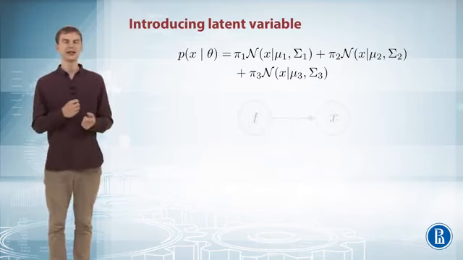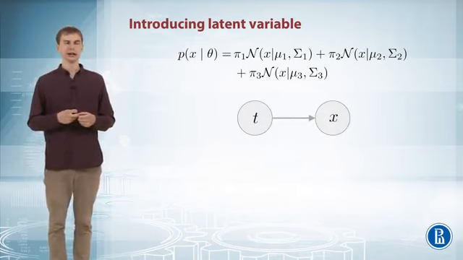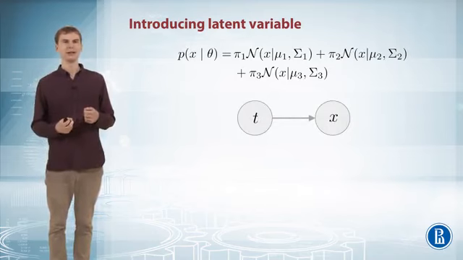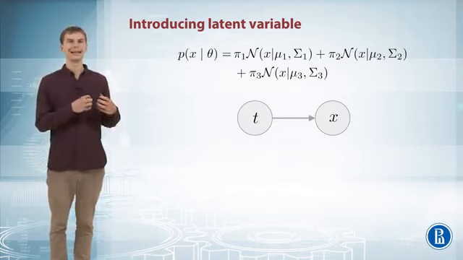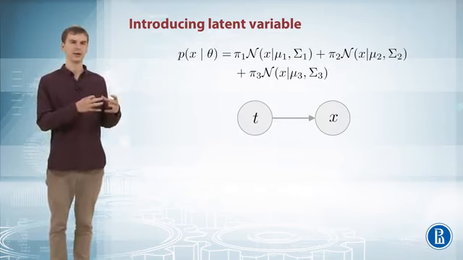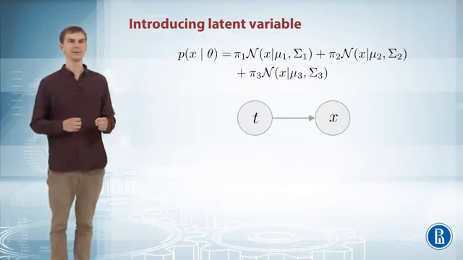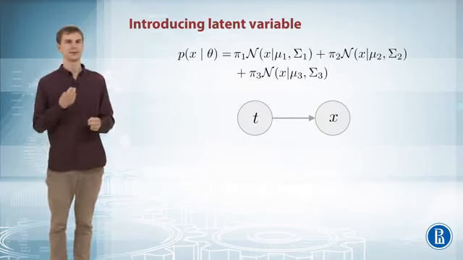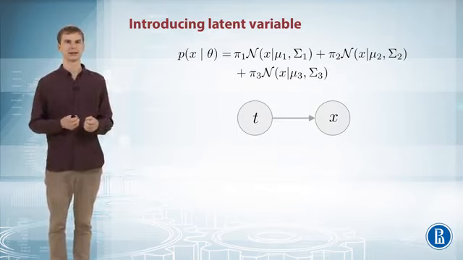We can say that each data point was generated by using some information from a latent variable t, which exists, like we have one latent variable t for each data point x, and it causes x, so it explains something about x.